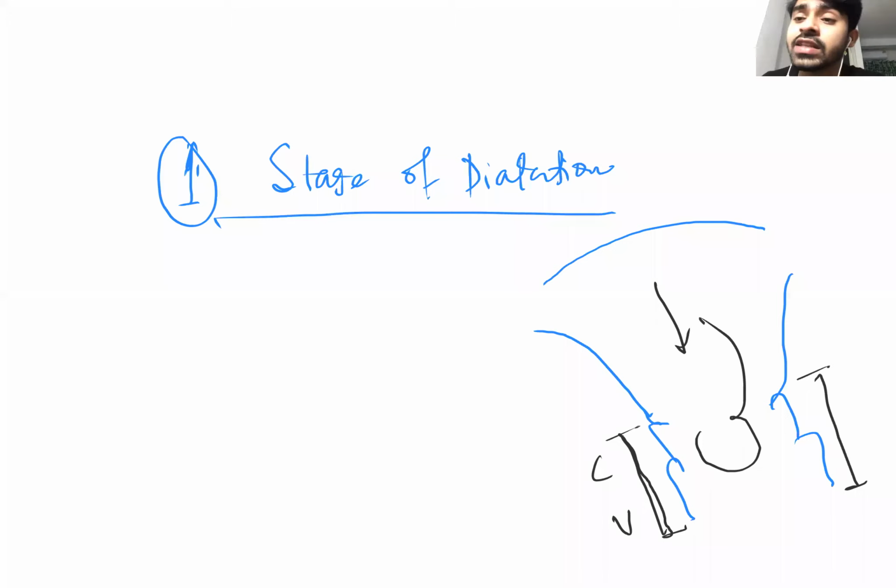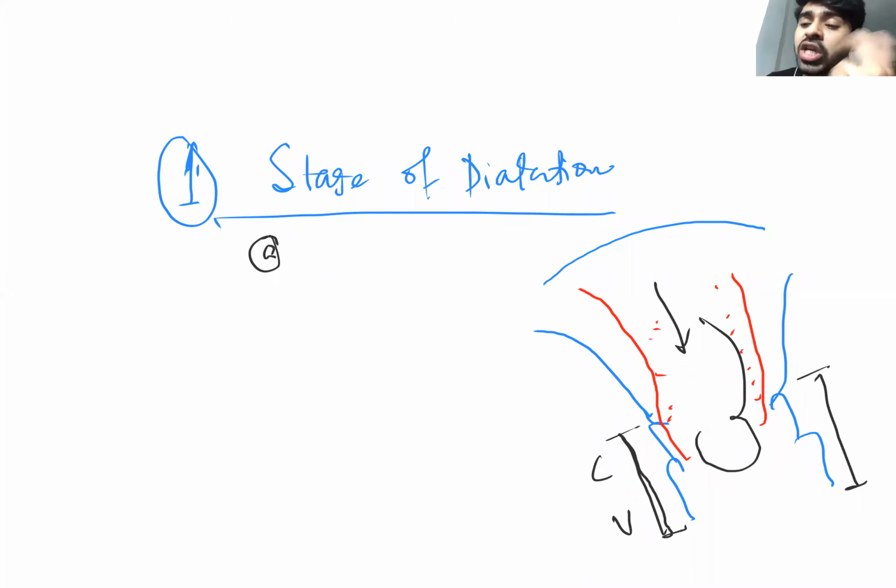But the important thing is, what are the first changes in the stage of dilation? When you are trying to expel the baby outside the body of the mother, the first thing you have to do, suppose this was the amniotic membrane with amniotic fluid, you have to rupture it. Until the membrane is ruptured, how can the baby be delivered? Because the whole baby is covered by the amniotic membrane along with fluids.